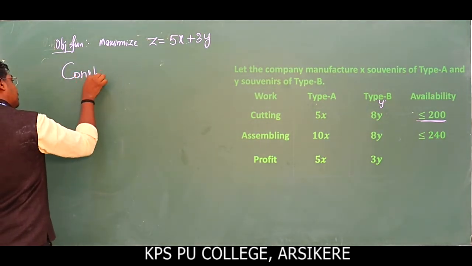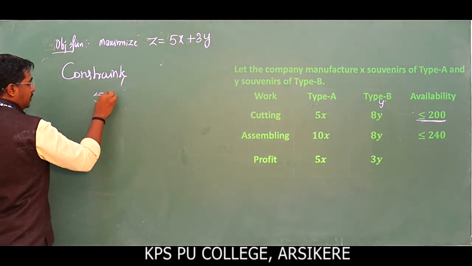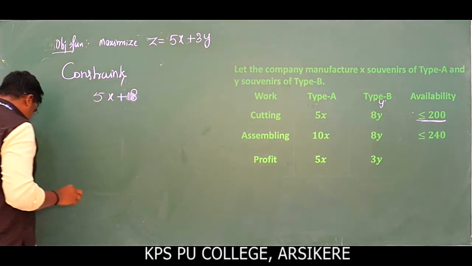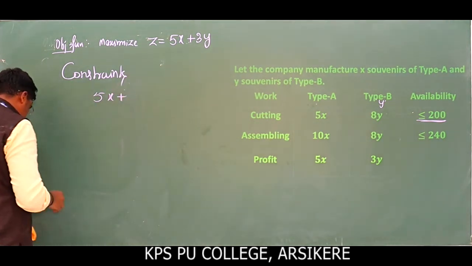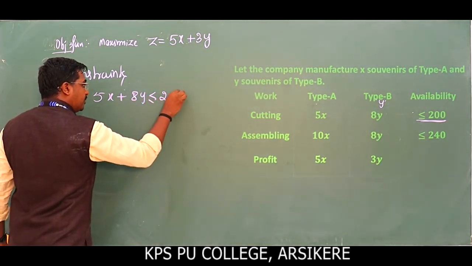Constraints are important here. The first one is 5x plus 8y less than or equal to 200.